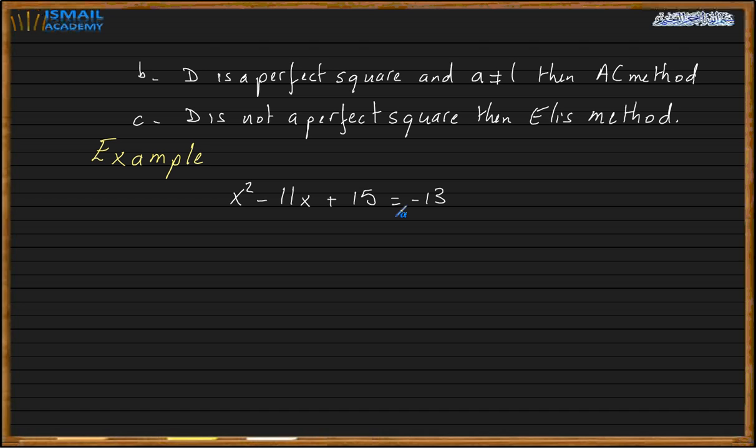You see, you can have a number on the other side, you can have 0, but the main idea is always bring anything on one side to the other side and keep one side equal to 0. So first thing I do, I will add 13 to both sides. So when we add 13, we will end up having the standard notation of the equation.